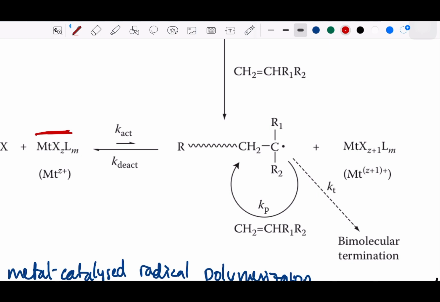So we need to adjust the equilibrium, which one we are going to take. We can make polymers that have a certain molecular weight, or we can terminate just as it is, and then as a byproduct we have the metal complex. We need to push the equilibrium to this side so that we can control further.